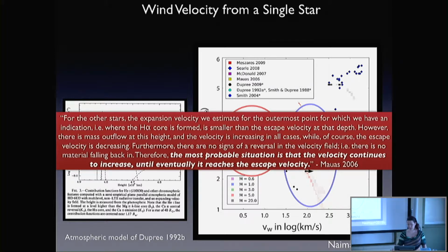And so basically, you don't have to read this whole thing. The idea is that people can observe at these different points in the atmosphere. And so they don't see any inflow. They see no inflowing gas. And so if you have something that is moving slowly on the inside, faster on the outside, it's probably accelerating. And there's no reason to think why it's not going to just accelerate until it reaches the escape velocity of the star, especially if you see no inflow.